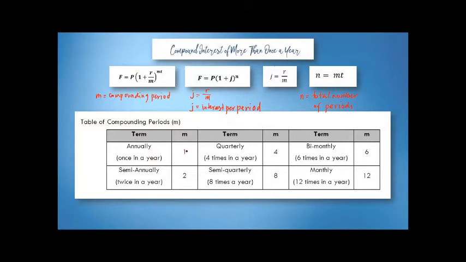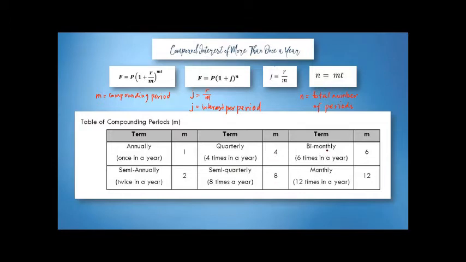If the rate is applied semi-annually or twice in a year, then M is equals to 2. If applied 4 times in a year, quarterly, ang M natin is 4. Pwede rin siya i-apply semi-quarterly, ibig sabihin 8 times in a year, kaya ang M natin is 8.